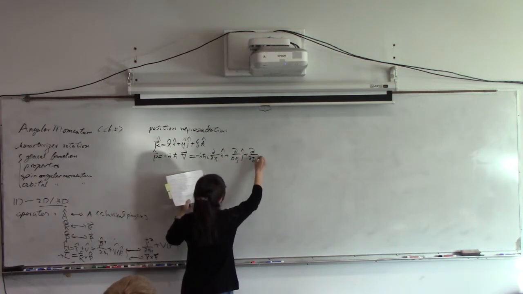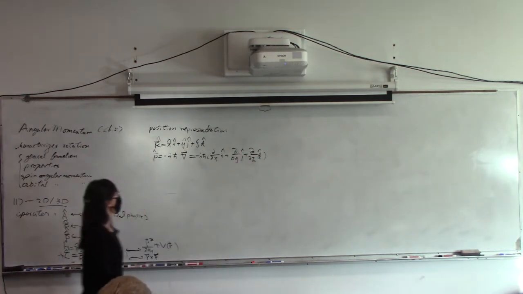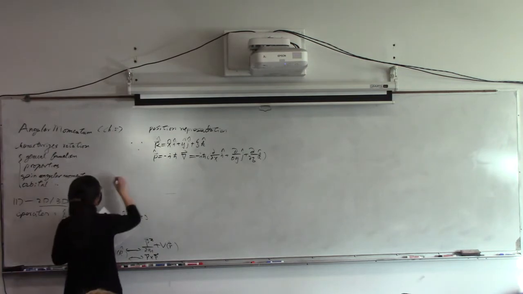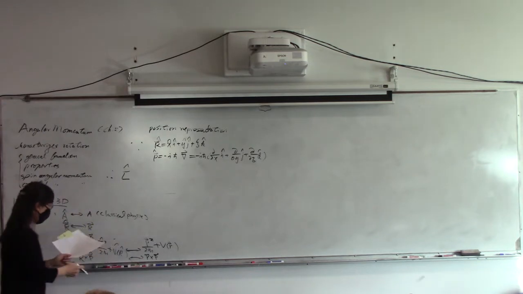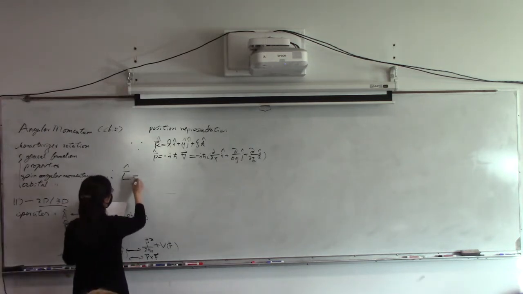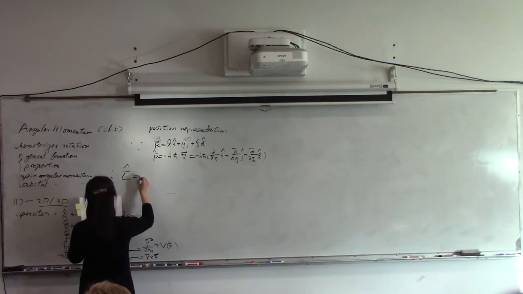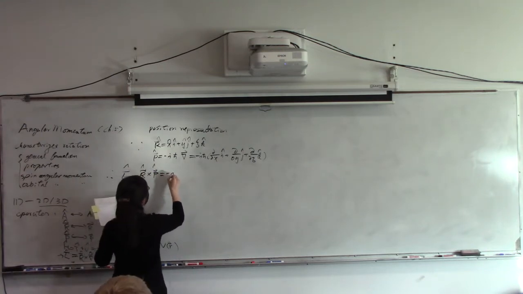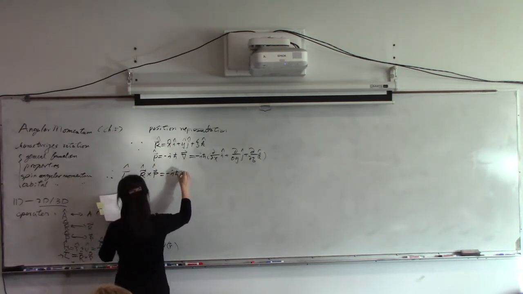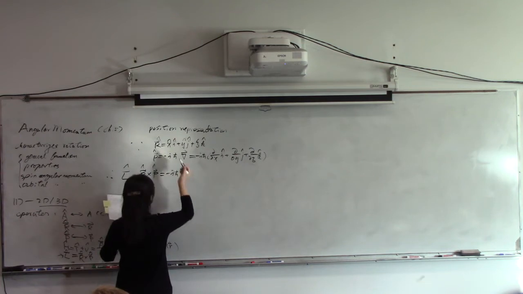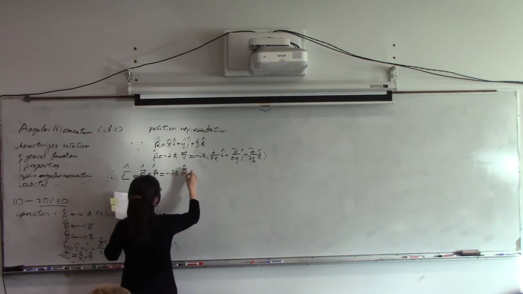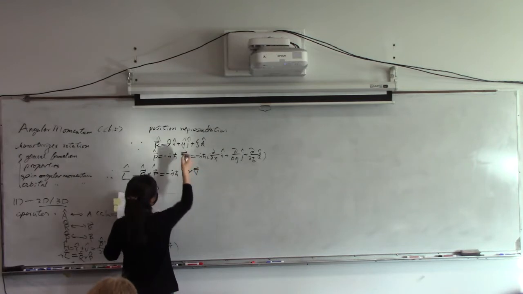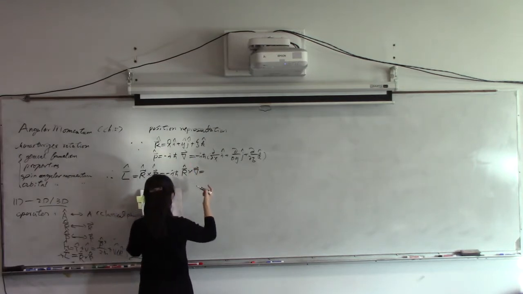These three components, right? That is the operator. So the L, the orbital angular momentum operator here, let me first write down here, is minus i h bar, let's use capital R, cross gradient.